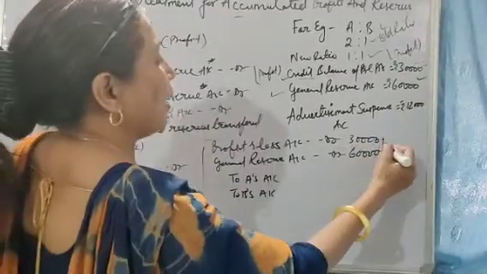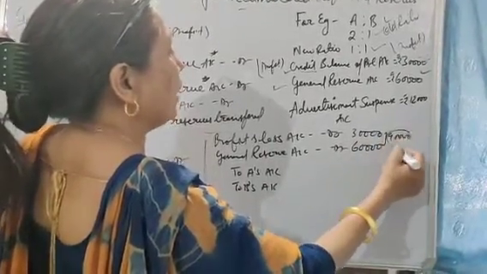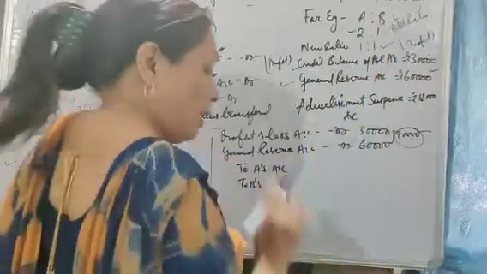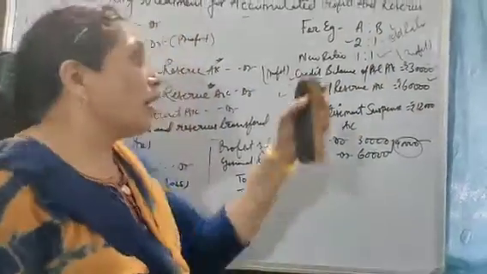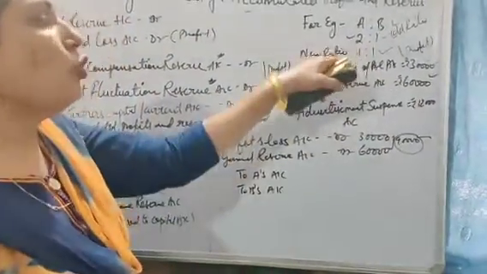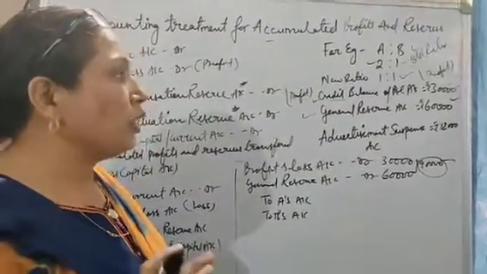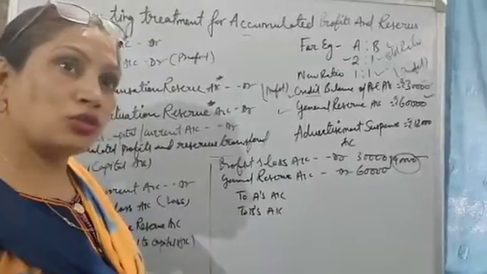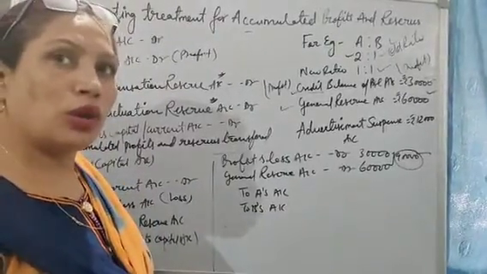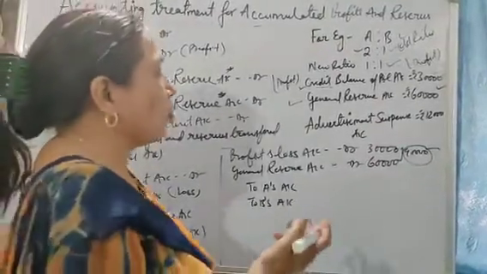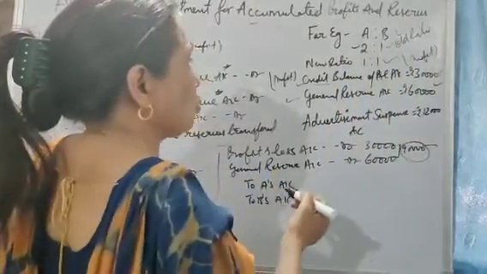So it becomes 90,000, and that 90,000 will be divided into, look at here, that is also important. In that type of entries, new ratio has no work. Okay, there is no need of any new ratio, but it is given in the question, so it may be given only to confuse you. Okay, only we have to divide it into the old ratio, that is 2:1.